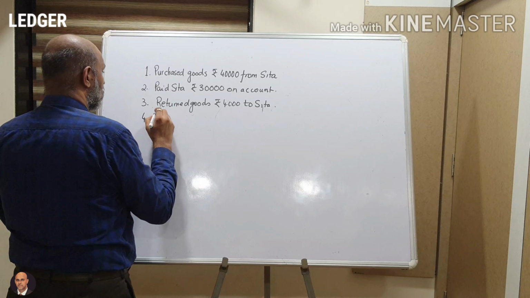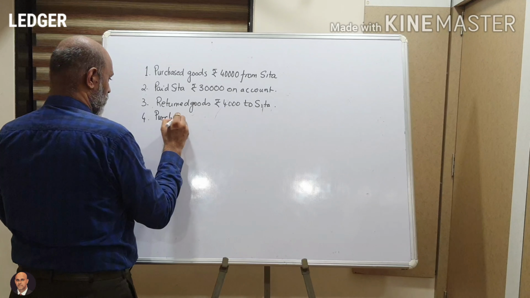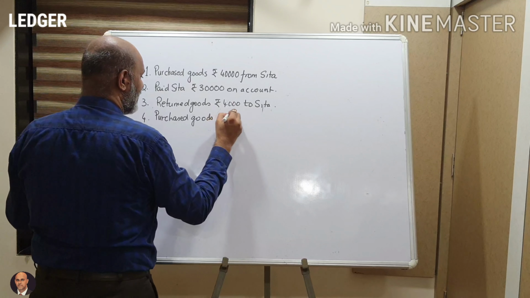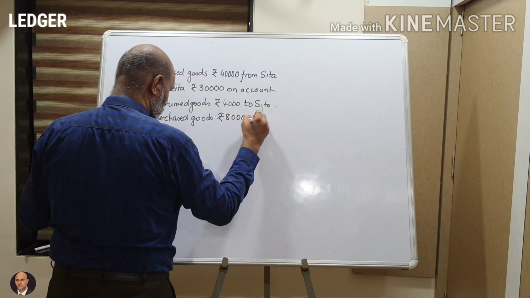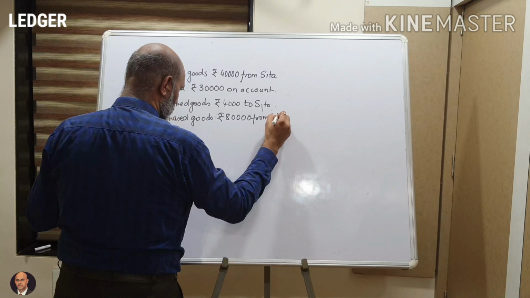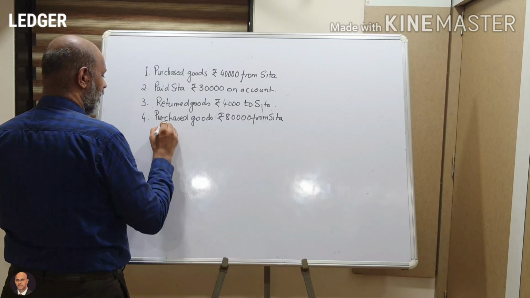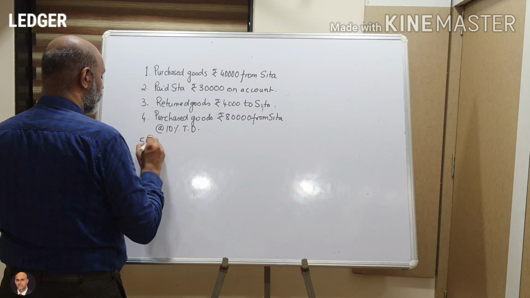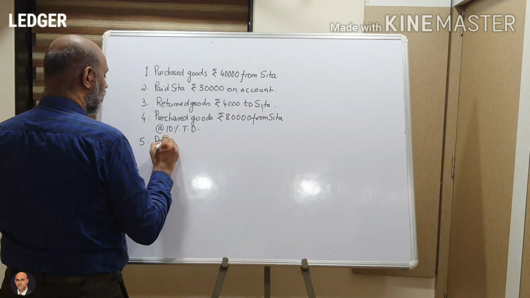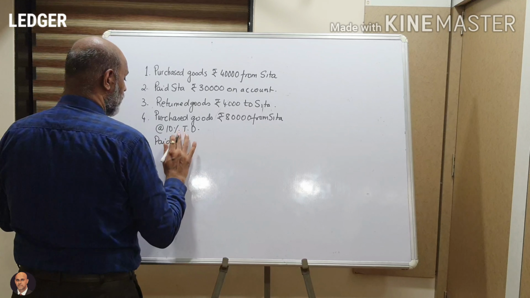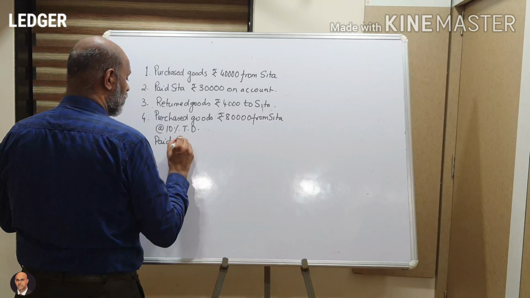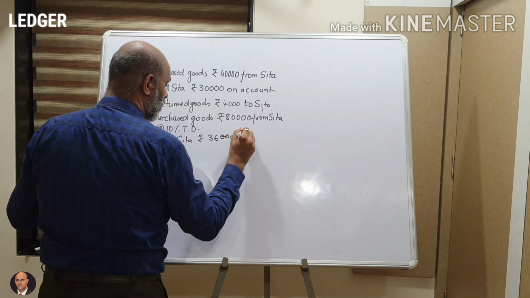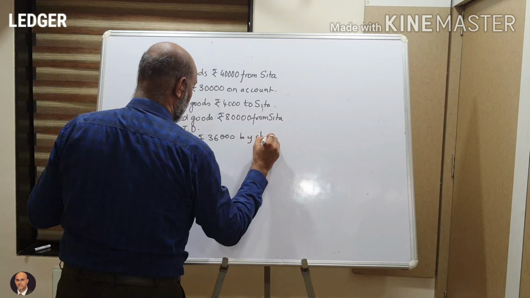Fourth, purchase goods rupees 80,000 from Sita at 10% trade discount. Fifth, paid Sita rupees 36,000 by check.